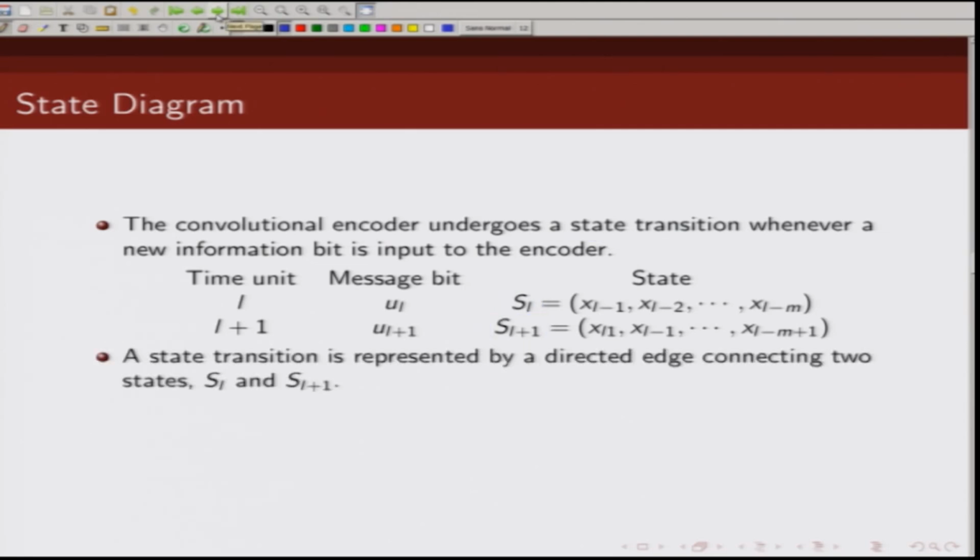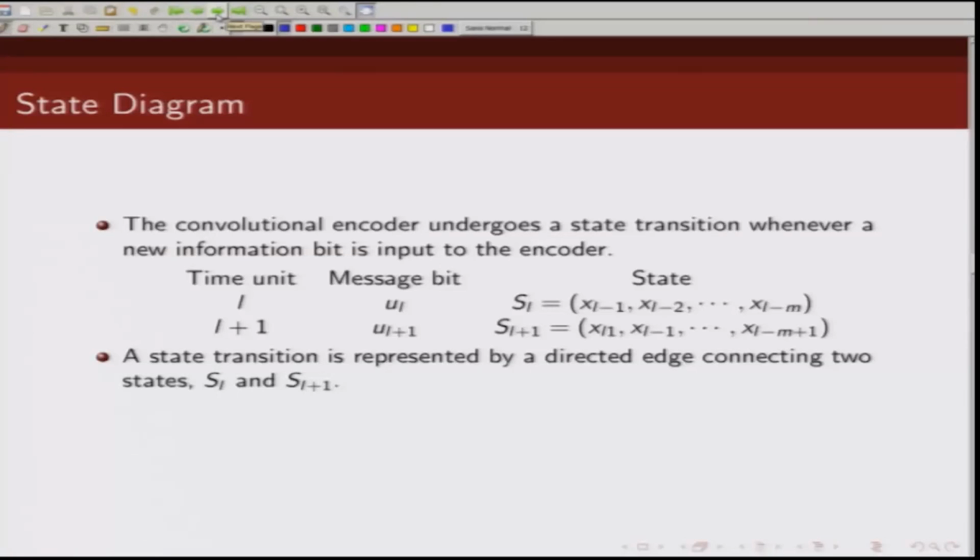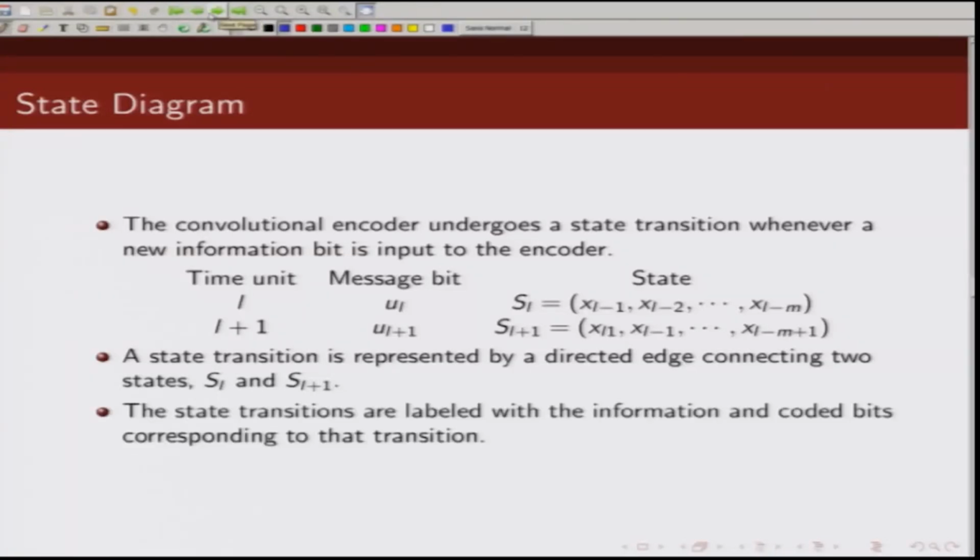And these state transitions are represented in a state diagram by a directed edge. So, if there is a directed edge from state S L to state S L plus 1, that means from state S L you will undergo state transition to state S L plus 1 when a particular new bit has arrived. And normally what we do is we label these state transitions with the information bit that caused that state transition and the coded bits corresponding to the state transition.